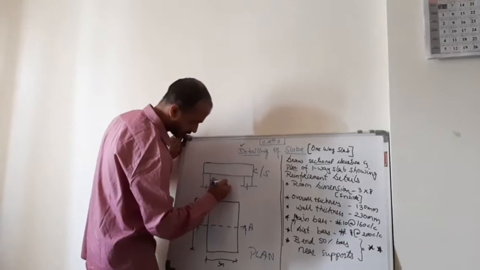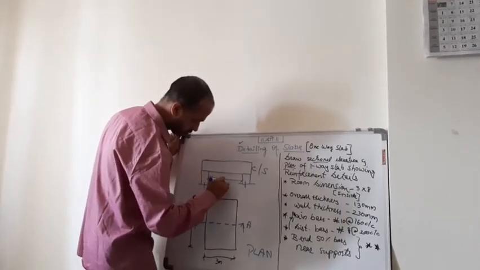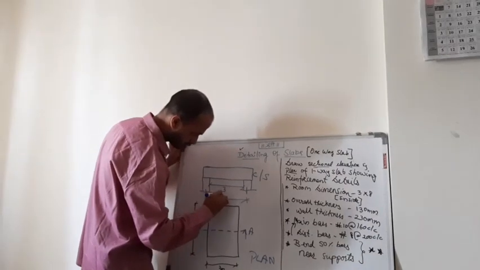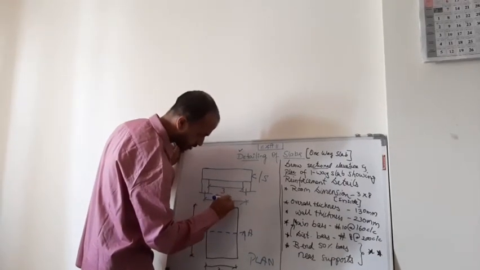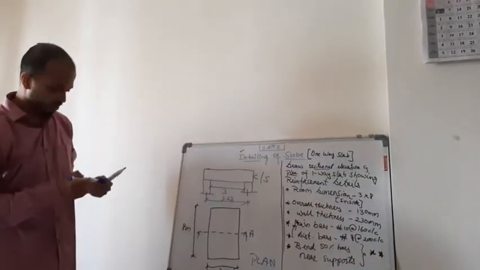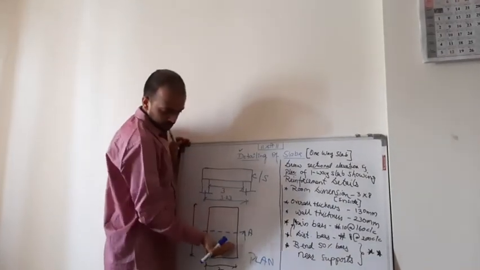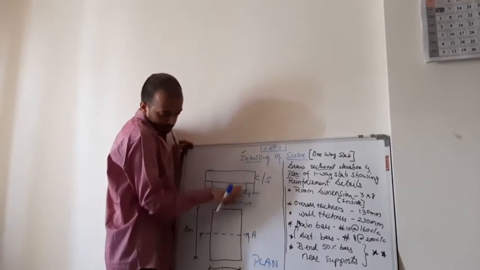So in-in dimension is given as 3 meter. So center to center distance will be 3.23 meter. So this is the cross section of the slab, that is one-way slab, drawn from projecting the lines of the plan.